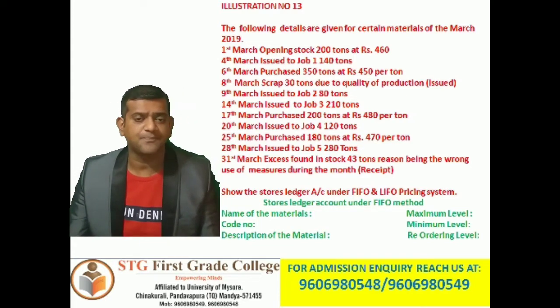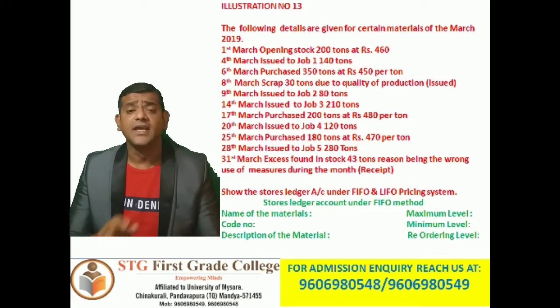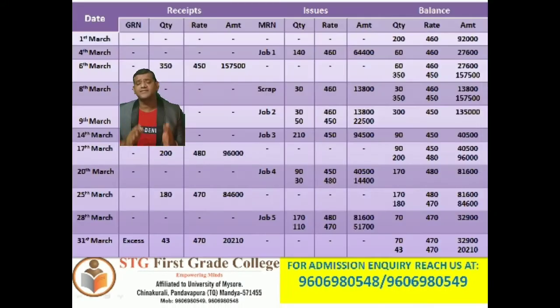After that, you are supposed to open a table consisting of 12 columns, that is, sub columns I am speaking about. The main columns are 4: date, receipts, issues, and balance. Date will remain the same.